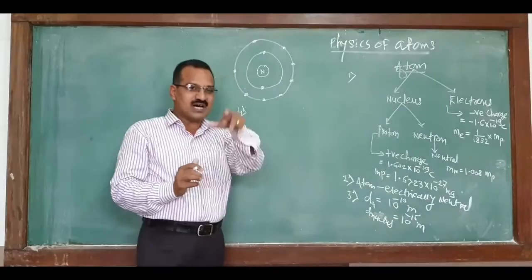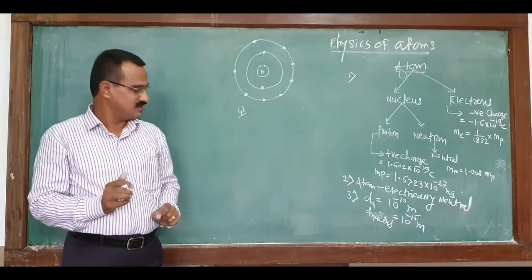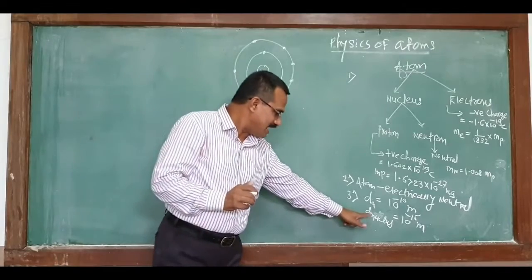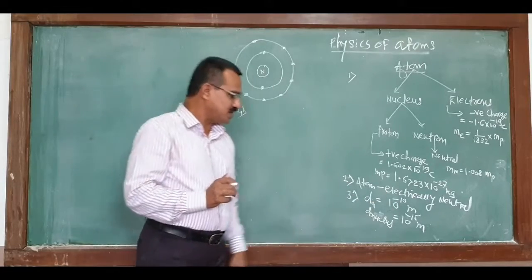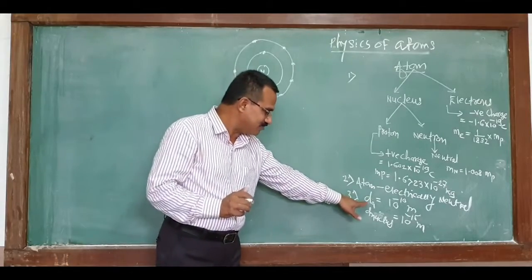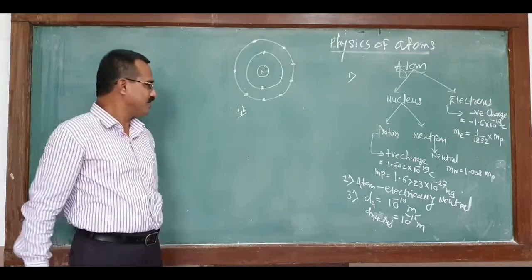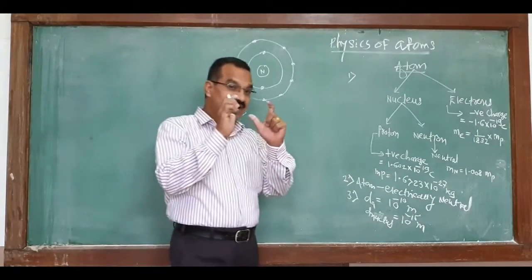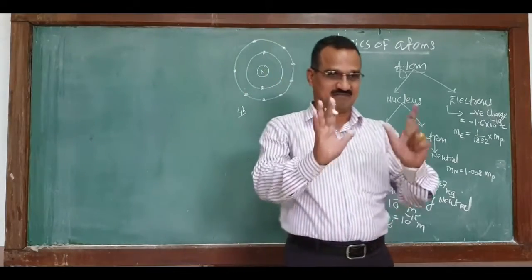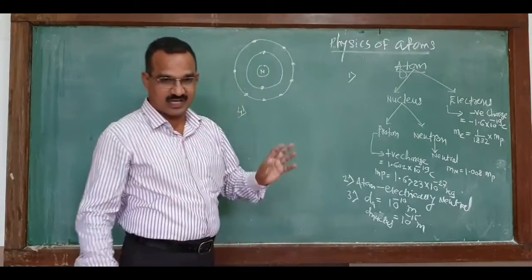Means whole mass of that atom is concentrated within the nucleus, and diameter of the nucleus is in terms of 10 raised to minus 15 meter, and diameter of the atom is 10 raised to minus 10. It means that there must be some empty space within the atom. This is according to the modern concept.